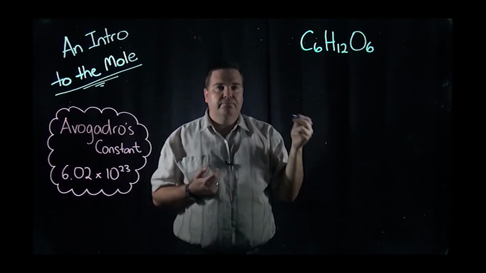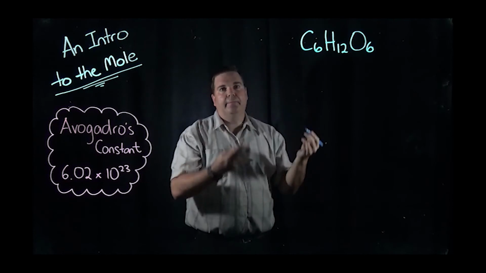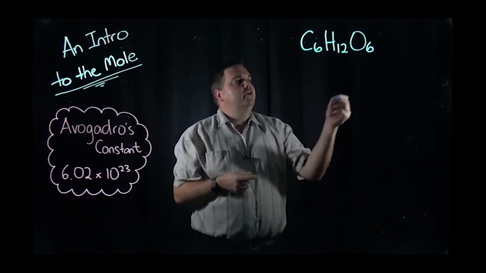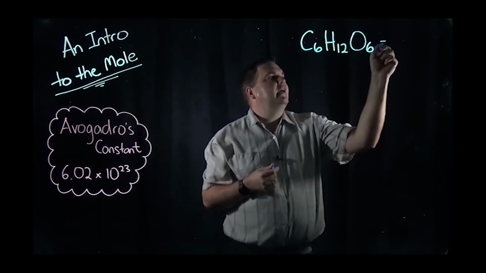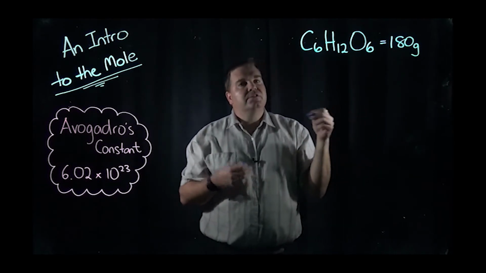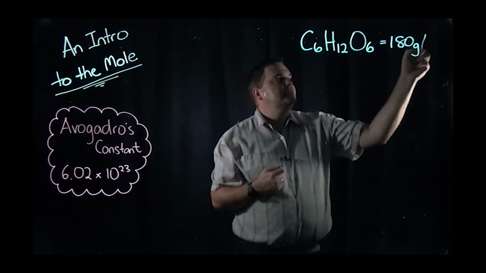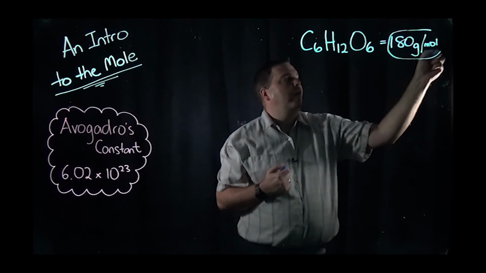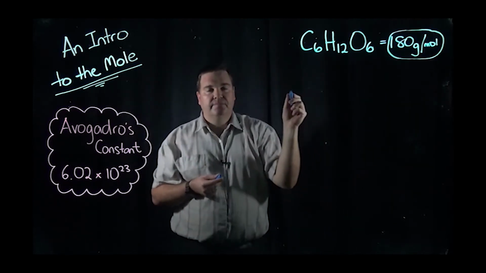If you calculate the molar mass of glucose by adding up all the different atomic masses of each of the atoms in there, and I'm just rounding it up here, you get an answer of about 180 grams. So that 180 grams is per mole, because 180 grams is the mass of 1 mole of glucose.